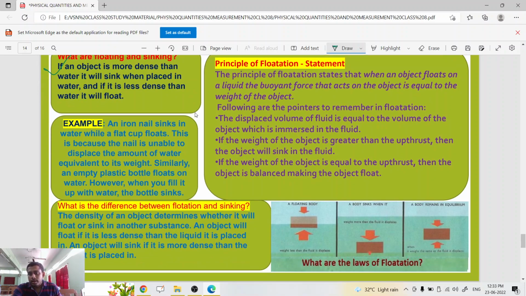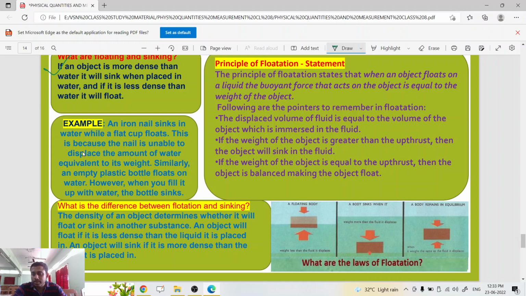For example, an iron nail sinks in water while a flat cup floats. This is because the nail is unable to displace the amount of water equivalent to its weight.